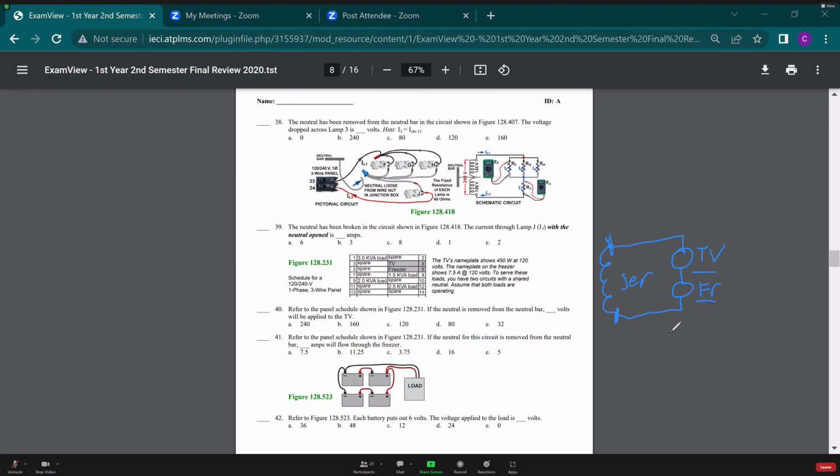Starting off with resistance for the TV, I can use my nameplate, 450 watts at 120 volts. So I'm going to take 120 squared, divided by 450. And the nameplate for the freezer is 7.5 amps at 120, so 120 divided by 7.5. That'll get us our two resistances. Pop those down in the chat once you have them.